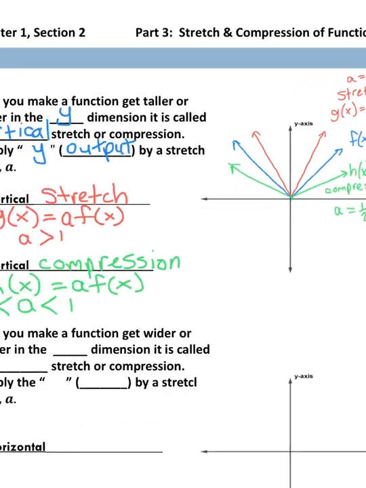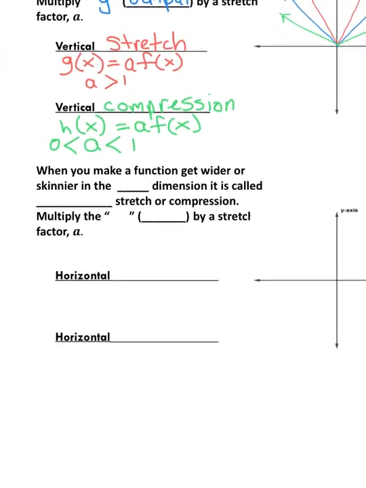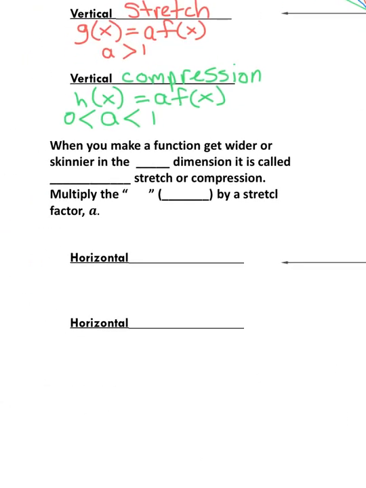Okay, so what will happen if we stretch or compress in the horizontal dimension instead of the vertical dimension? When we make a function get wider or skinnier in the x dimension, we call that horizontal stretch or compression.